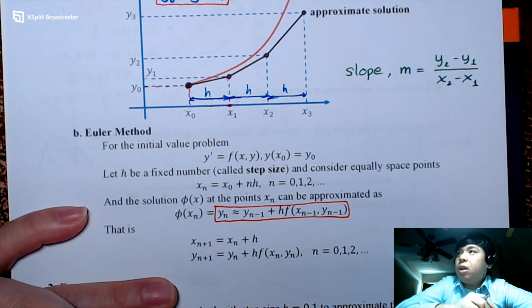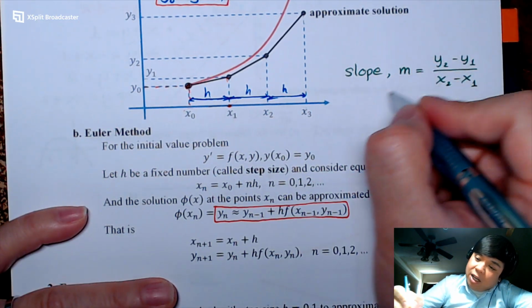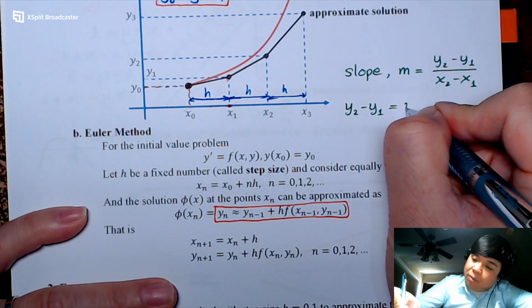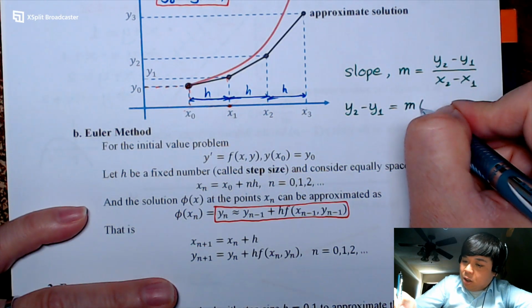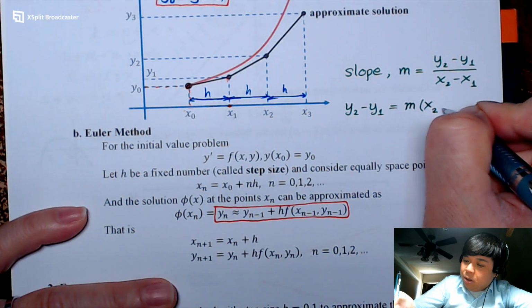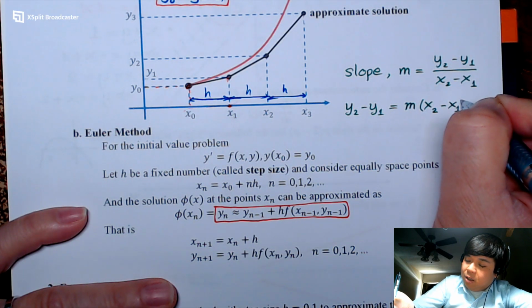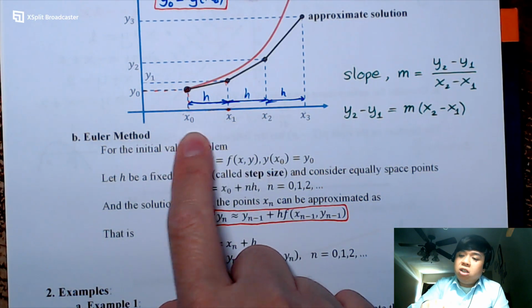Okay, so with that, cross multiply, and you have y2 minus y1 equal to m times x2 minus x1. But x2 minus x1 will be just an h.